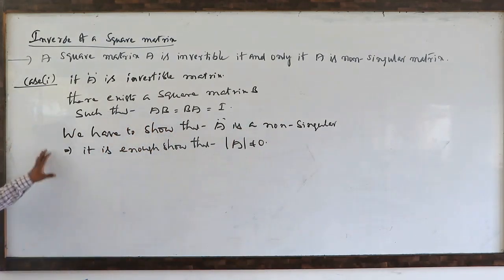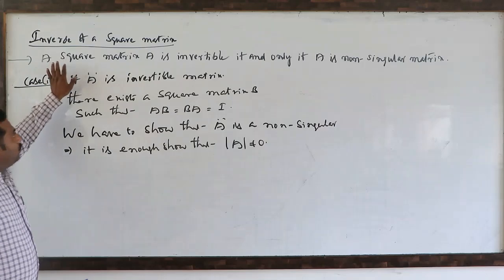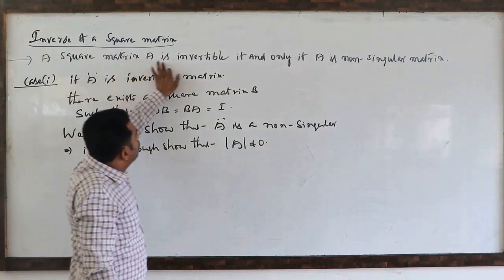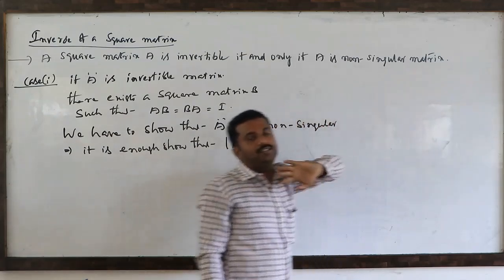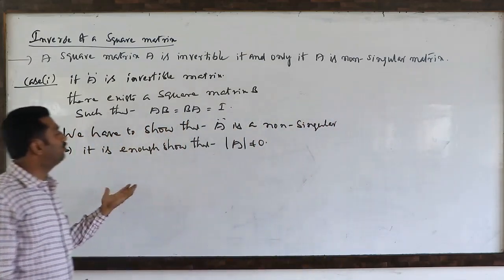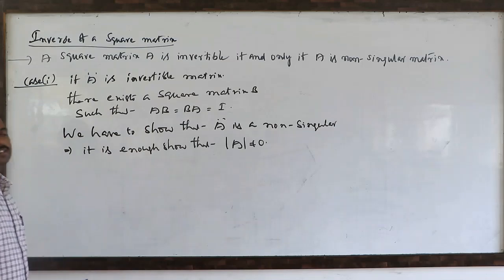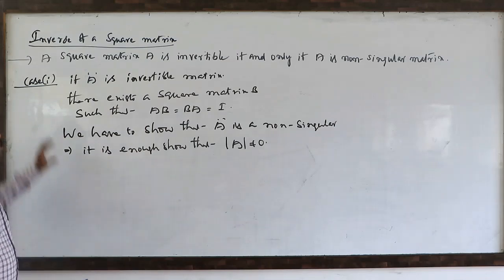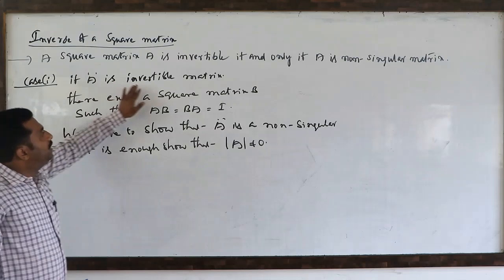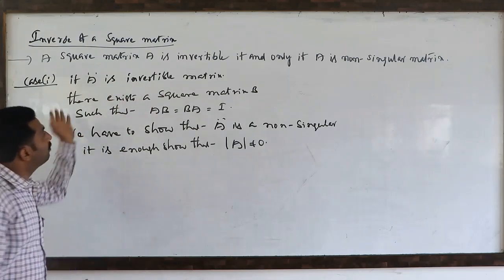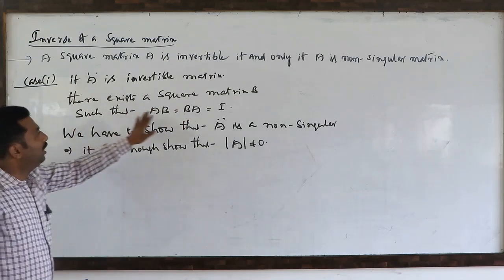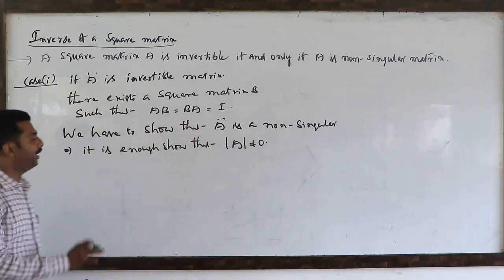Our first case, case 1: our assumption is A is invertible. We have to prove that A is a non-singular matrix. Non-singular matrix means it is enough to show that determinant of A is not equal to 0. So in case 1 we are assuming A is an invertible matrix. One matrix is invertible means there exists another matrix B such that AB equal to BA equal to identity.